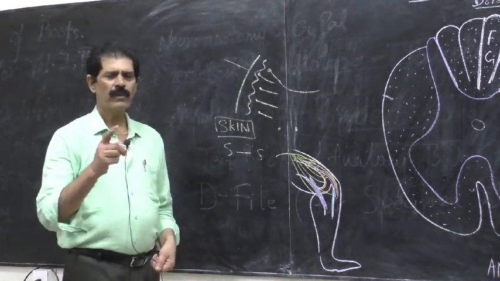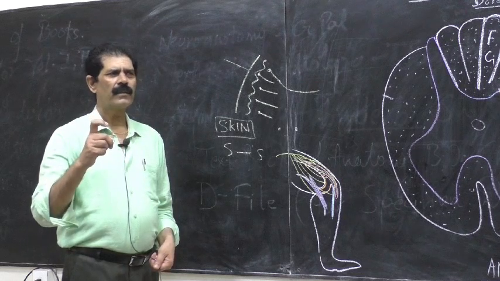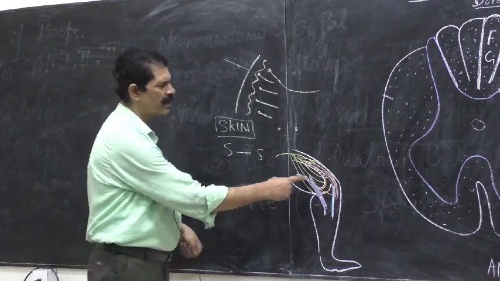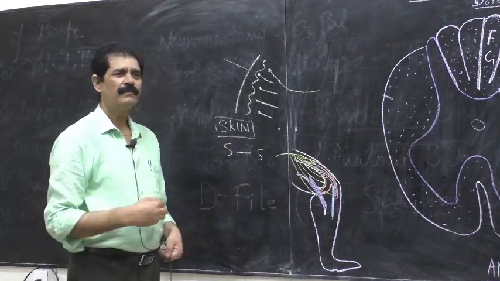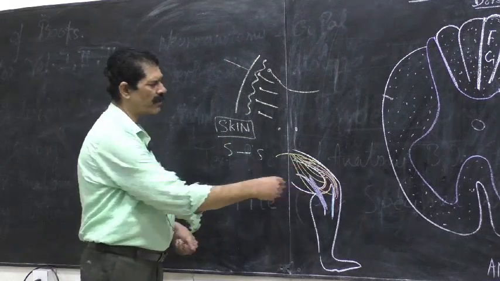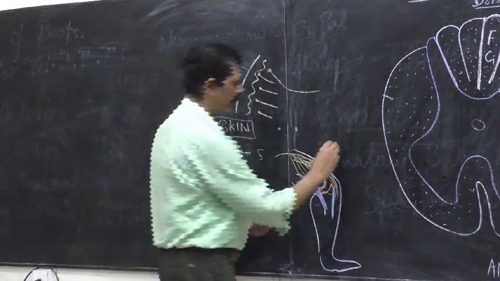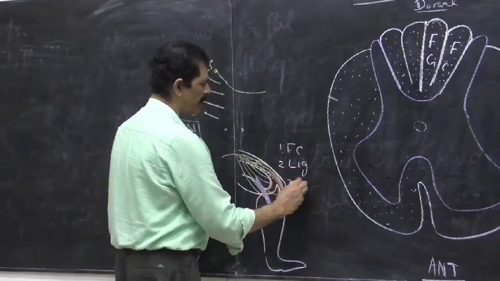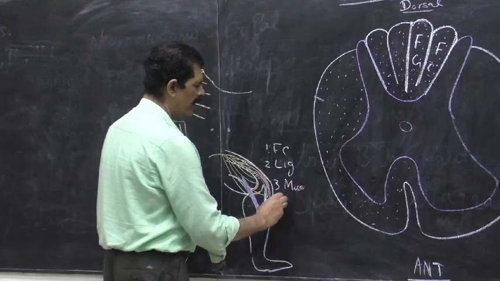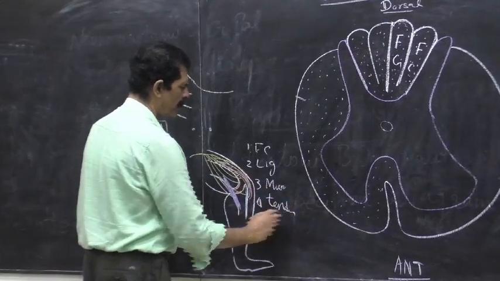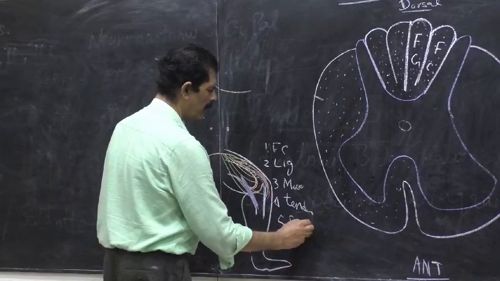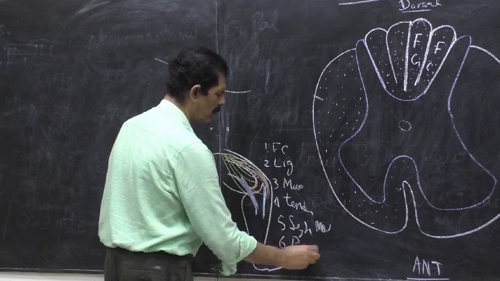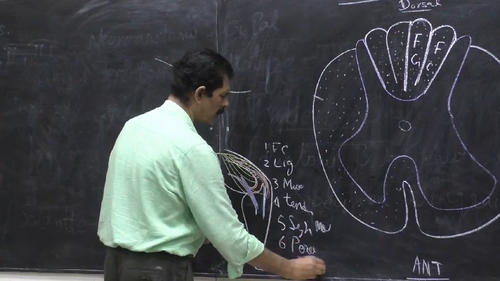When we move any part of the human body, any joint is moving, then all the nerves are stimulated, because movement means the whole of the structures of the joint, that is the fibrous capsule, the ligaments, the muscles, the tendons, synovial membrane, periosteum of the bone, articular cartilages.